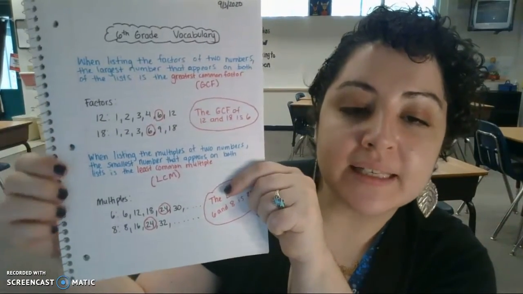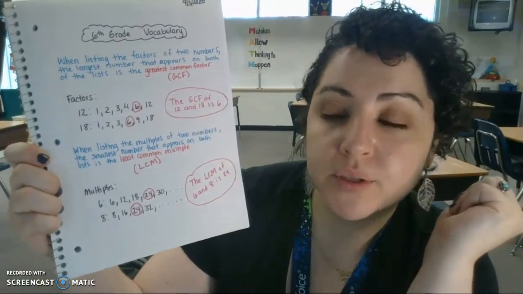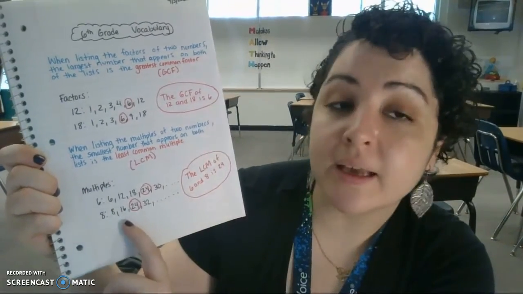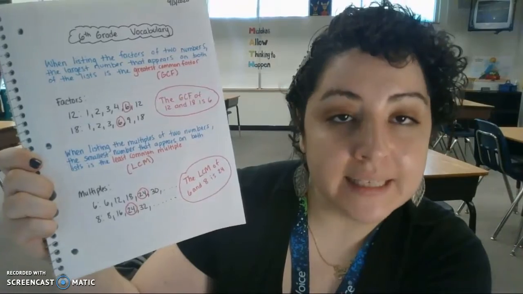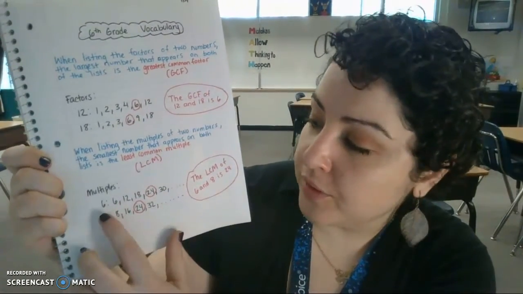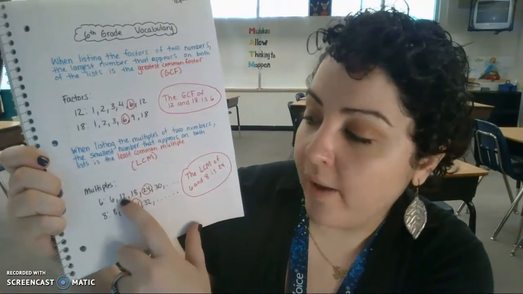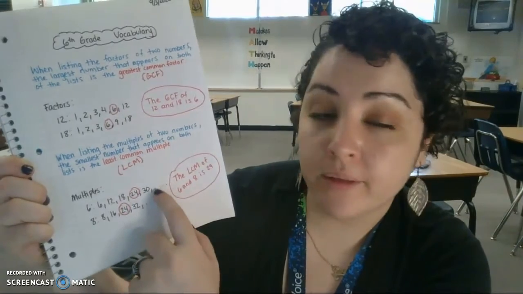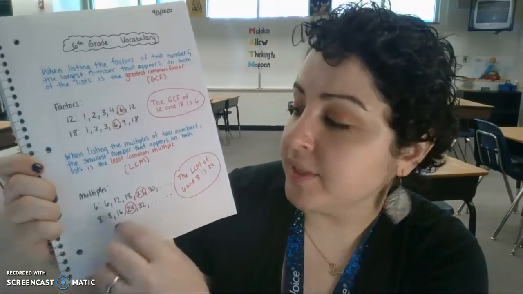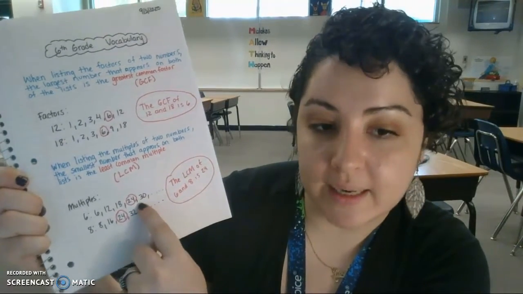We then talked about least common multiple, how when you're listing out the multiples of 2 numbers, the smallest number that is on both lists is called the least common multiple, or LCM. So we took the number 6 and we listed off some multiples: 6, 12, 18, 24, 30. When I say multiples, that's 6 times 1, 6 times 2, 6 times 3, 6 times 4, 6 times 5.